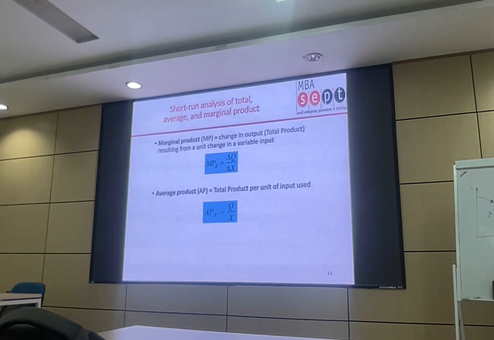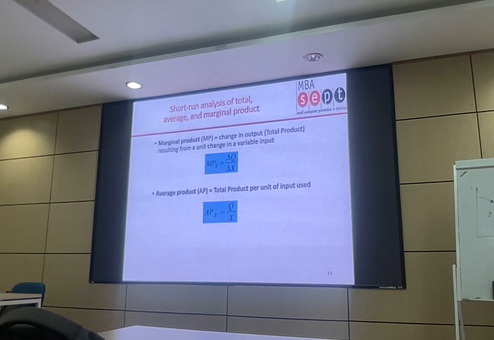For average product, average is quite easier to understand for most of us. Average product, the short form is AP, is the total product per unit of input used. So we will have quantity over the number of X used in the production.